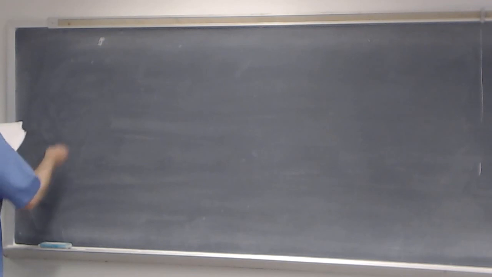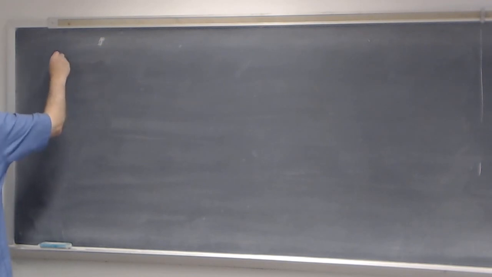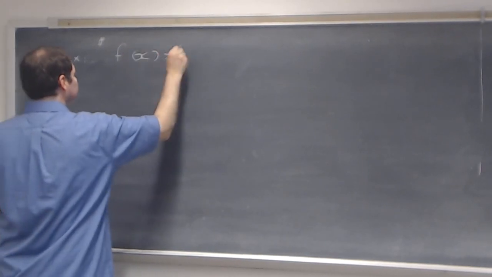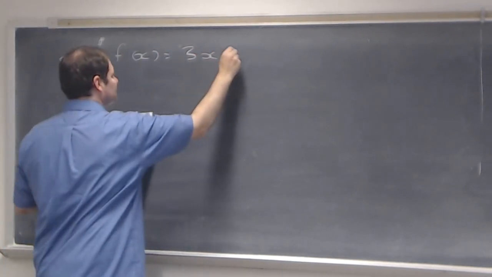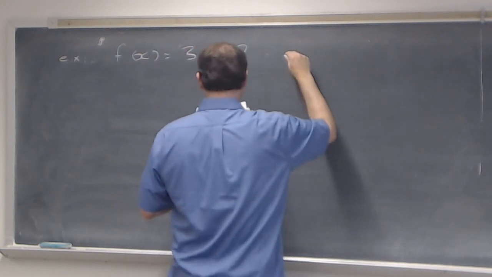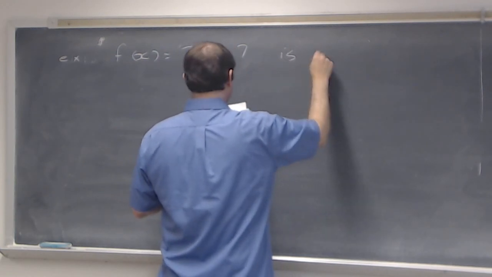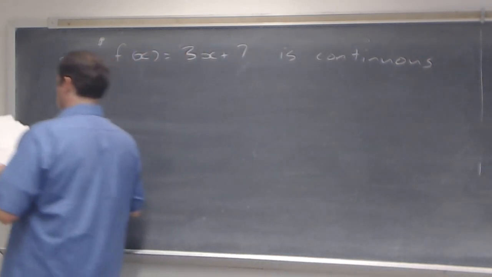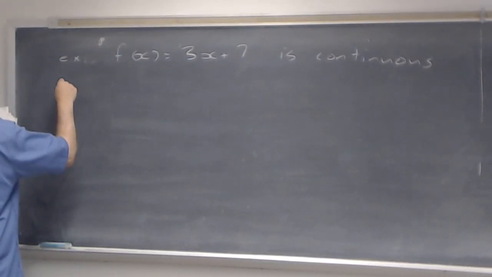So as an example, we have f of x is equal to 3x plus 7, where we're thinking of this as continuous at x equal to 2.